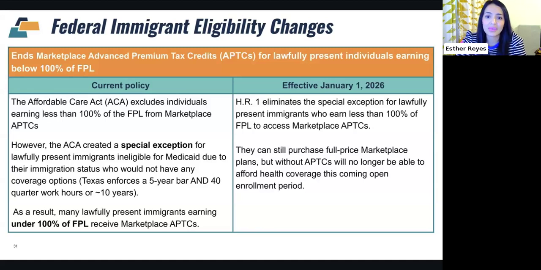Now, this table describes a change that will go into effect in the next enrollment period. As you all know, when anyone goes to buy a marketplace plan, they estimate their income for the coming year. And based on that estimate and other factors like household size, they can qualify for advanced premium tax credits, or APTCs. These tax credits essentially make it affordable for people to pay for monthly premiums.